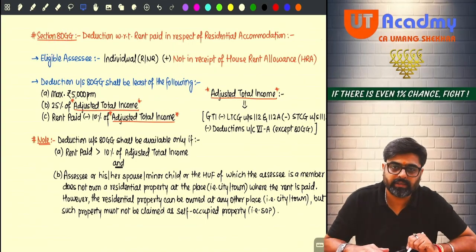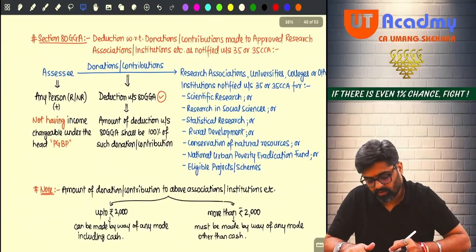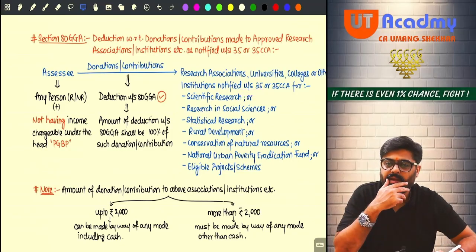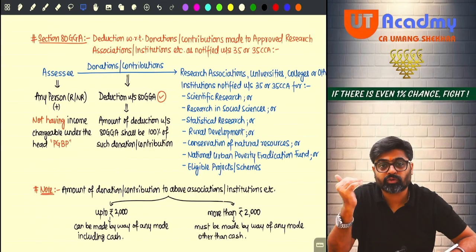Then coming to 80GGA. See, you must have heard about Section 35, PGBP head. Donation for scientific research, donation for statistical research, donation for research in social sciences.